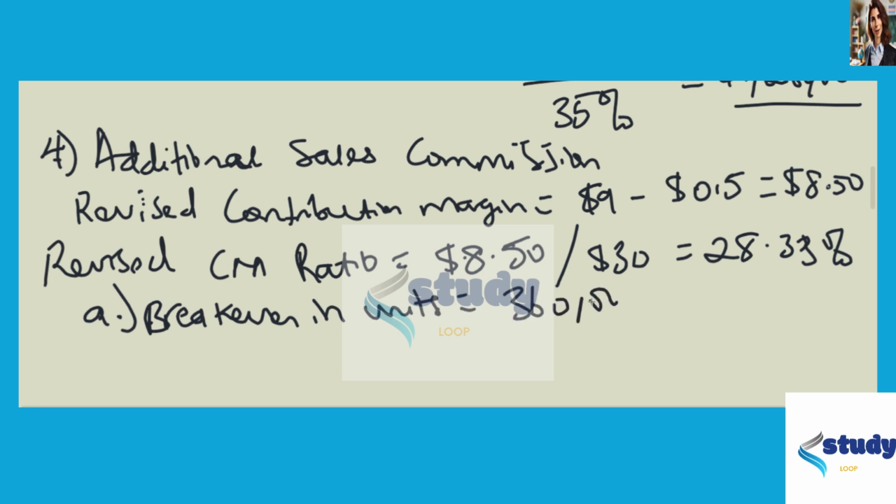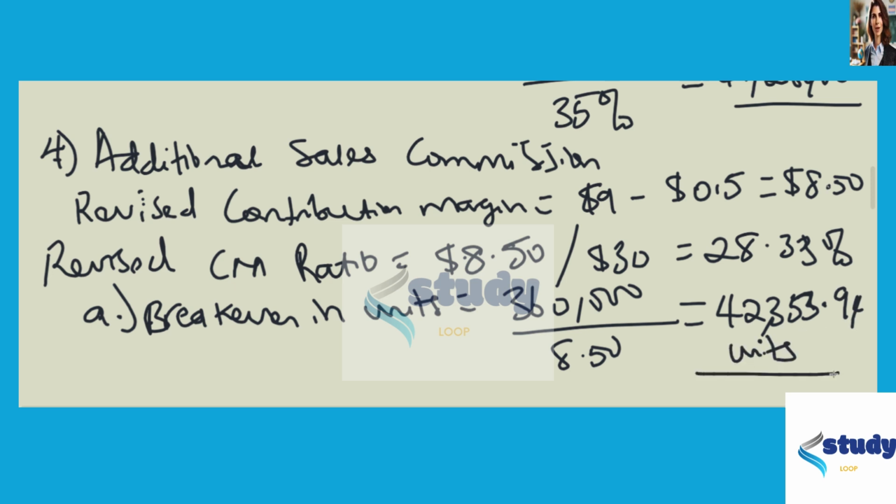So now answering the question, the break-even in units will be equal to 360,000 divided by the 8.50, which is the revised contribution margin, and this will give you 42,353.94, and this is in units.